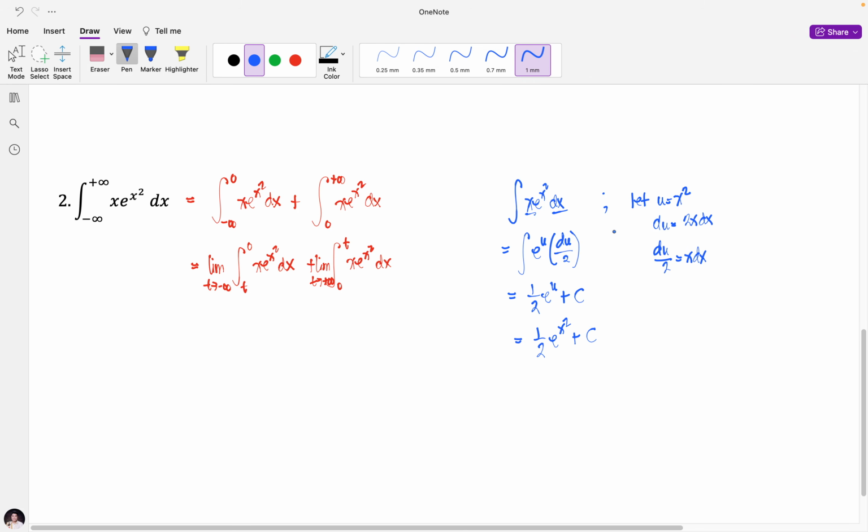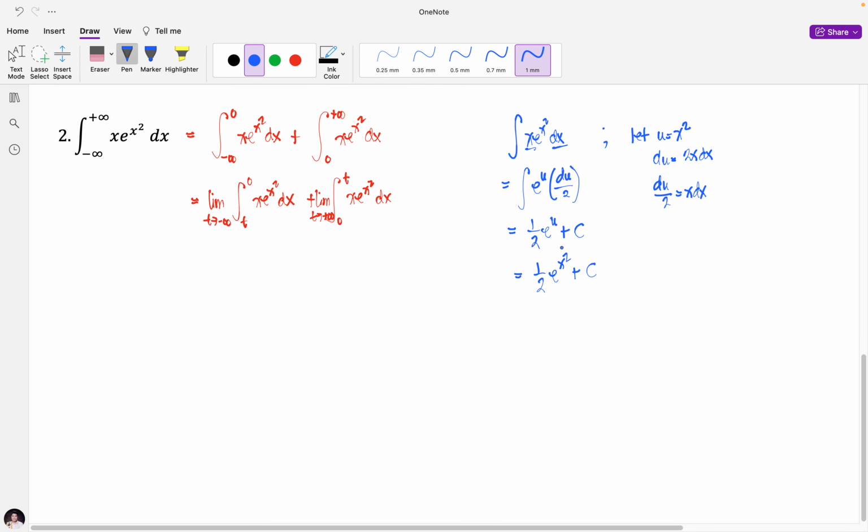Okay, so from that, applying this result to evaluate the limit, so first we have the limit of the integral of x e raised to x squared dx from t to 0 as t approaches negative infinity.